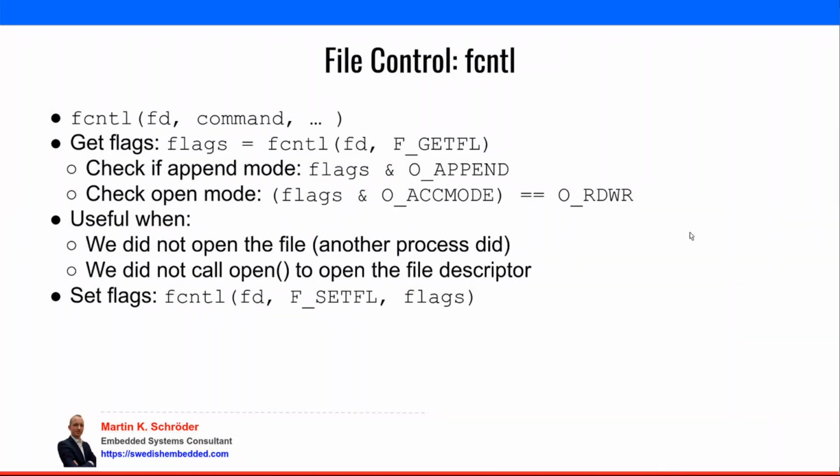Even though that file descriptor still behaves like a file, you haven't used the open call to open it. If you need to set any options on that file descriptor, then you need to use the file descriptor control function in order to set those options. This function allows you to set the options afterwards, after you have opened the file.